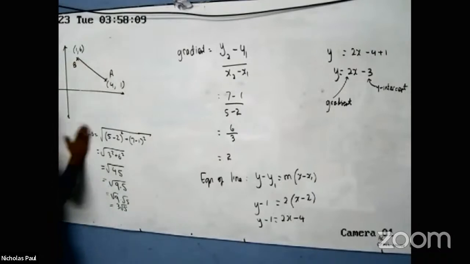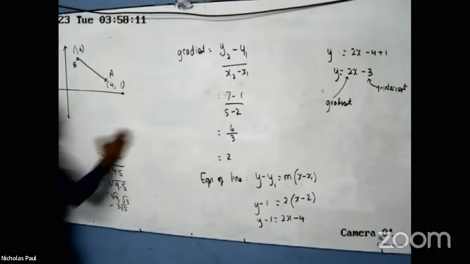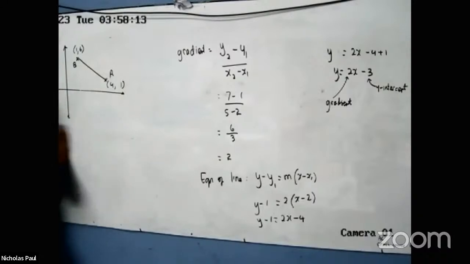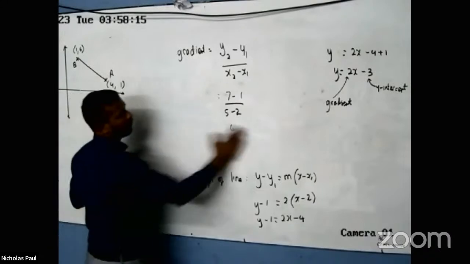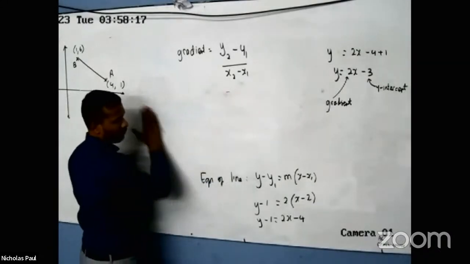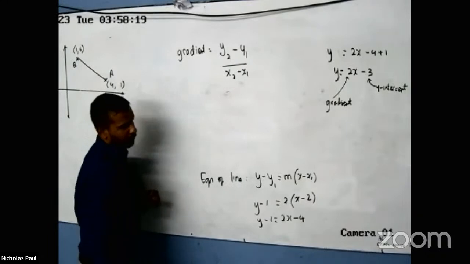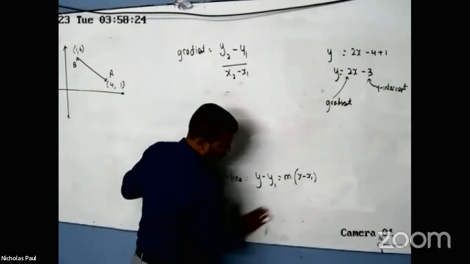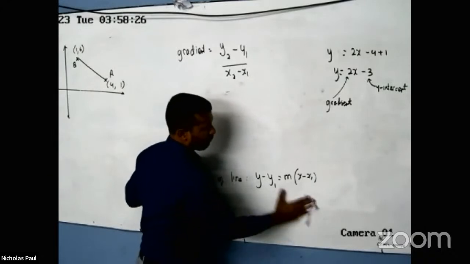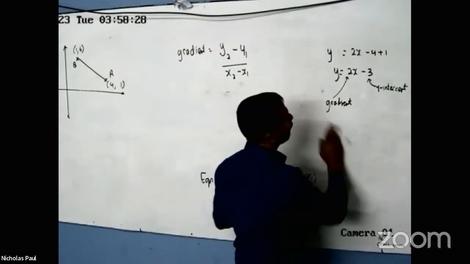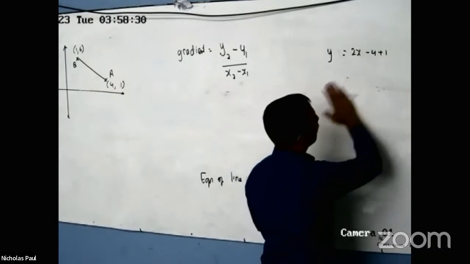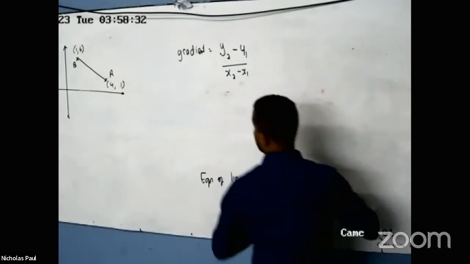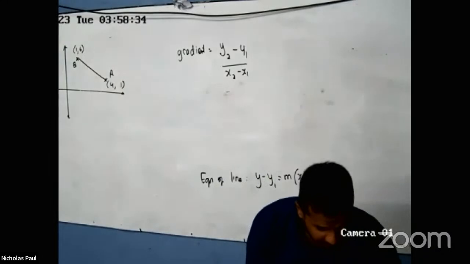Ignore the line. All I want is the equation of the line and the gradient. Right? Try that there. That's 1, 6, and 4, 1.